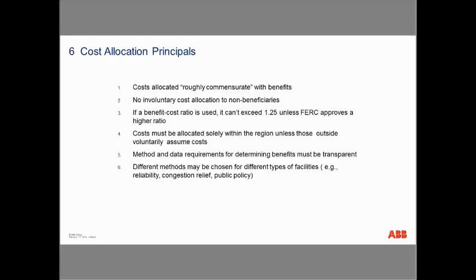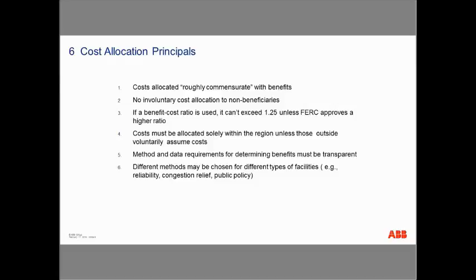No involuntary costs can be allocated to non-beneficiaries. If you're not getting any benefit, you shouldn't get any cost. If a higher benefit cost ratio is used, it can't exceed 1.25 unless FERC approves a higher ratio. So that's just a cutoff, a guideline.